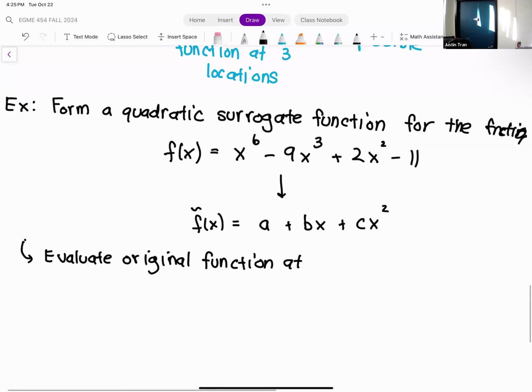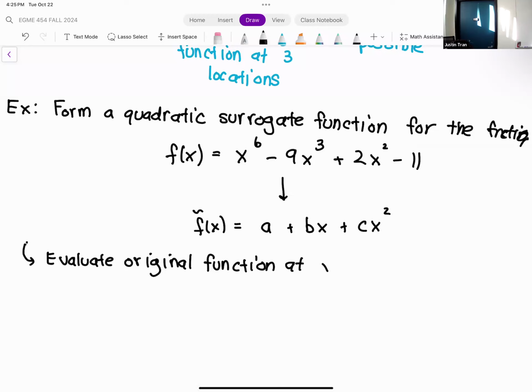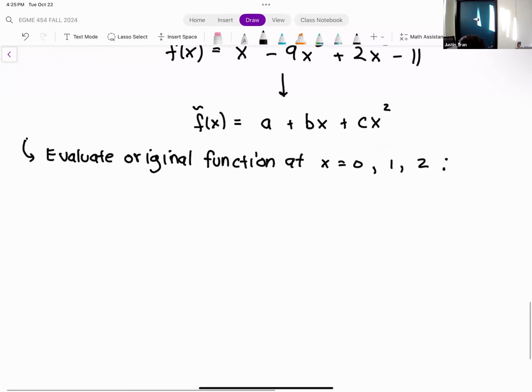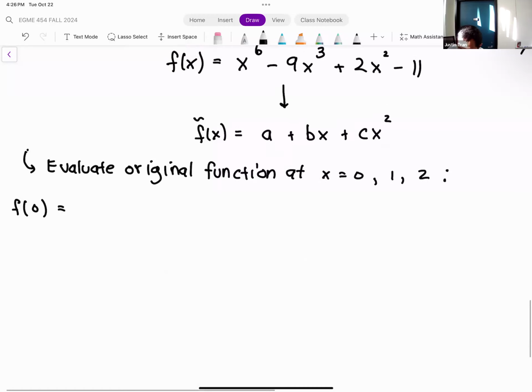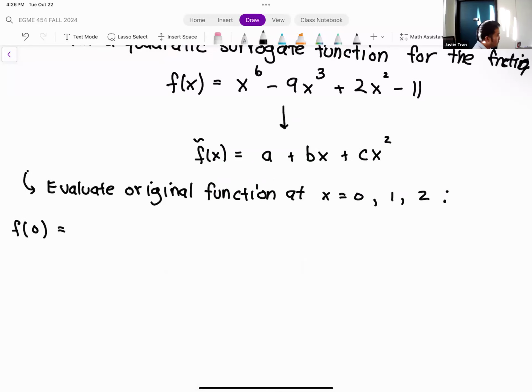Okay. And the three locations that we're going to choose here are x equal to 0, x equal to 1, and x equal to 2. Okay. So let's form these three evaluations here. So we have f. This is original f. This is not surrogate f. Okay. So we have f of 0. And so we're going to take our original function here and plug in 0 everywhere that we see x.